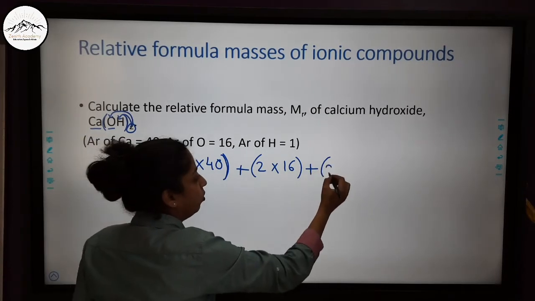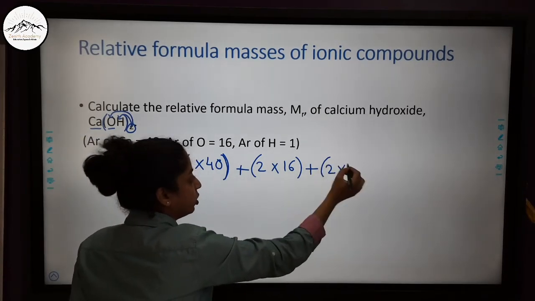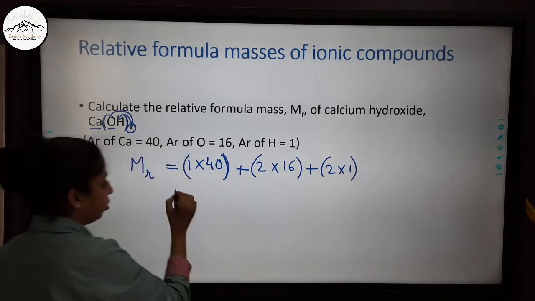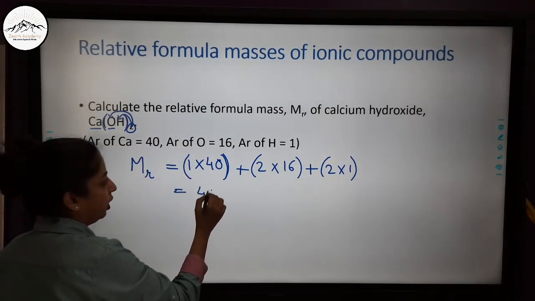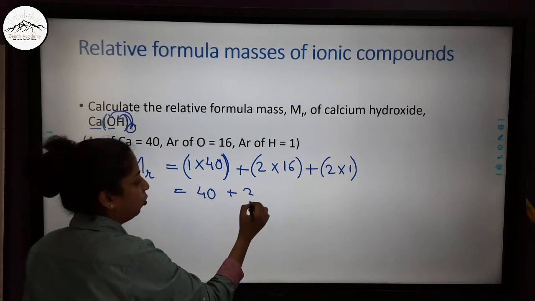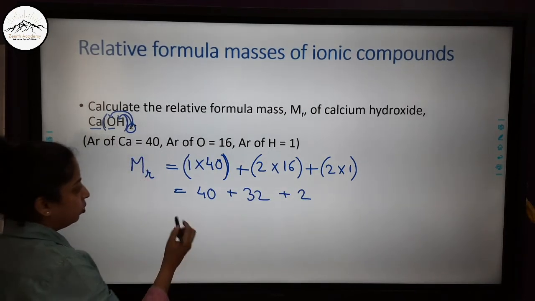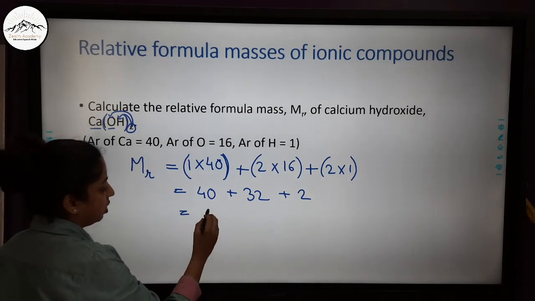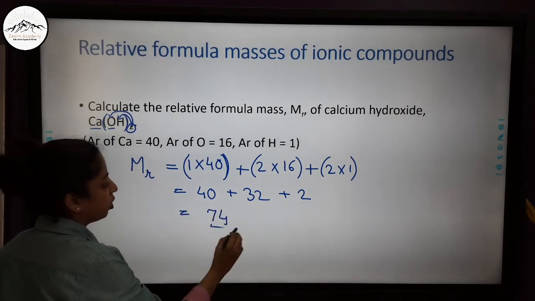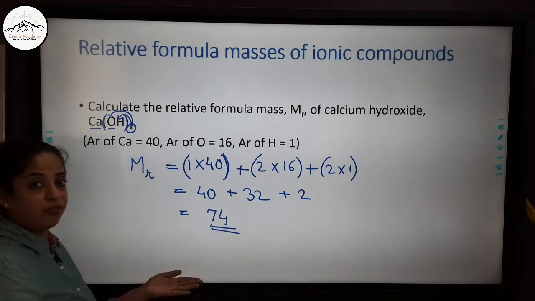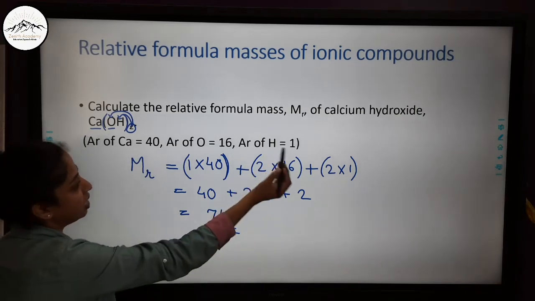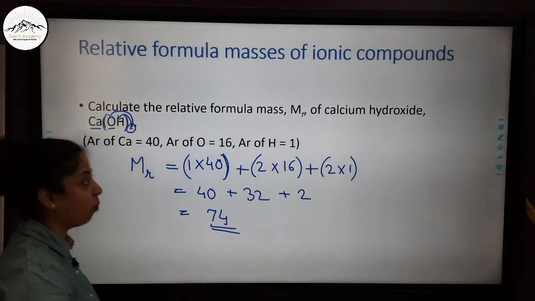So 2 into relative atomic mass of hydrogen, which is 1. So this is 40 plus 32 plus 2. So this is 74. So the relative molecular mass or relative formula mass of calcium hydroxide is 74.